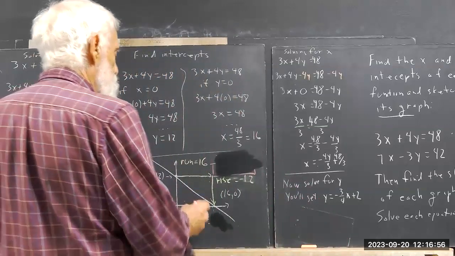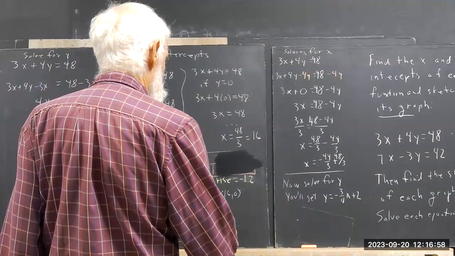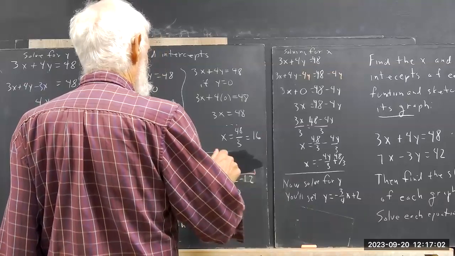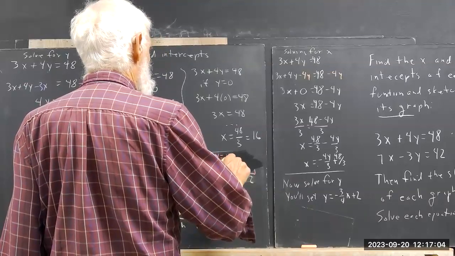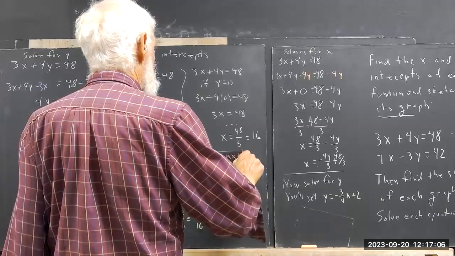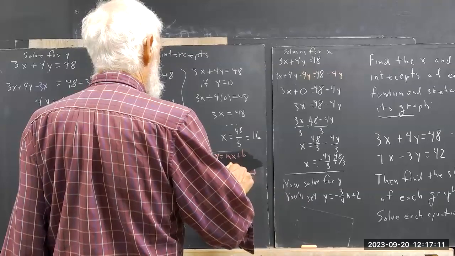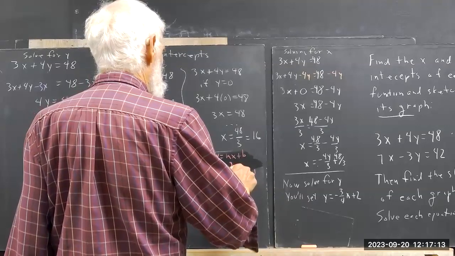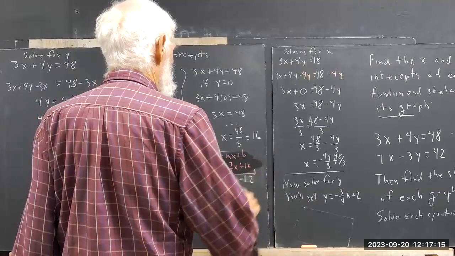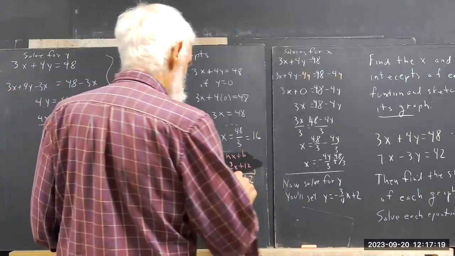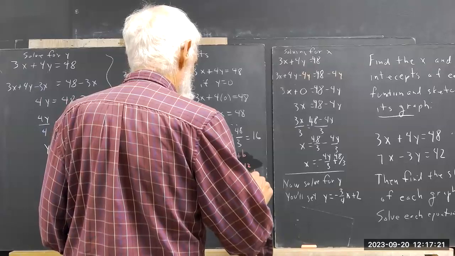That's correct. Negative 12 over 16 is negative 3 over 4. Okay, so now y equals mx plus b, y equals negative 3/4 x plus 12. A little smudge, make it a little clearer.